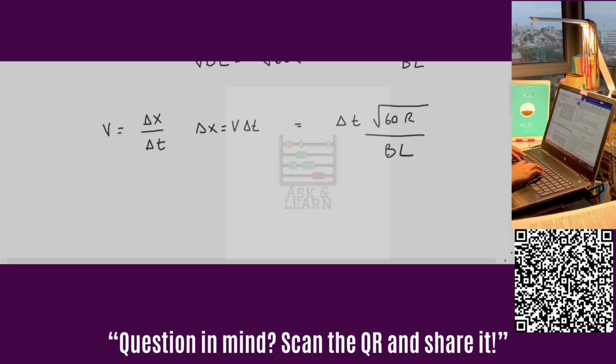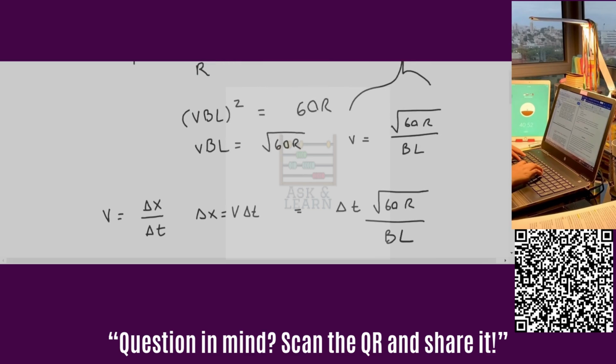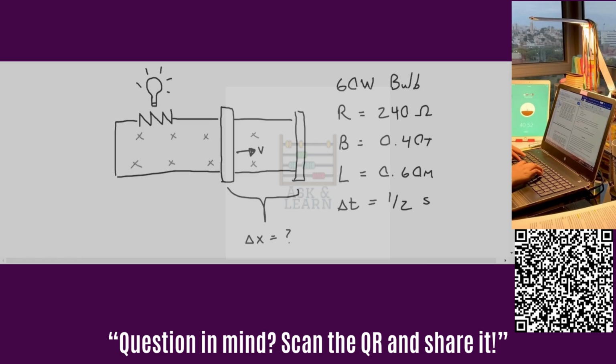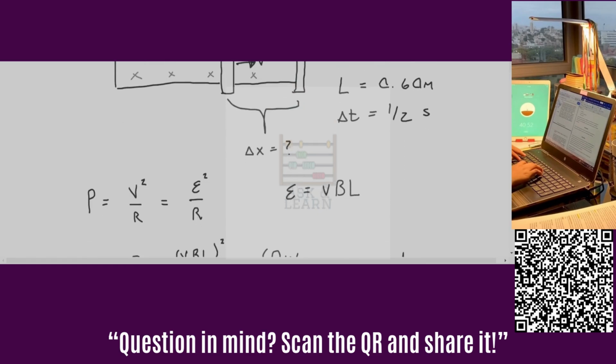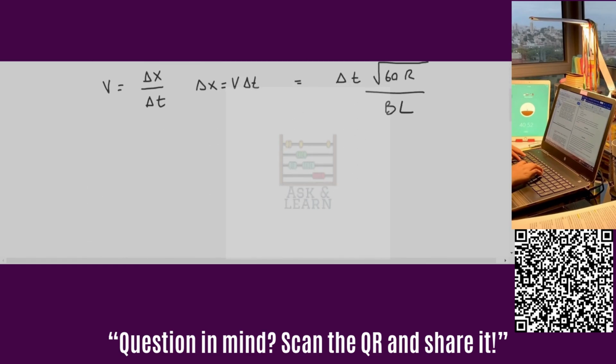So if we plug in all those values, half a second for delta t, for our resistance, 240 ohms, B is 0.4 Teslas, and L is 0.6 meters, we will get that delta x is going to be 250 meters.